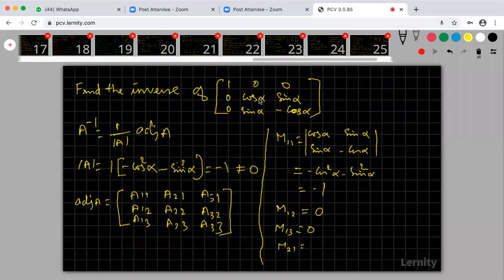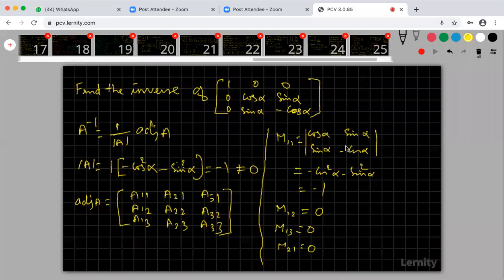M21 means leave this row and leave this first column, and take the determinant of the remaining 0, 0, sin alpha, minus cos alpha. So therefore that is also 0. Why is it 0? I am going to take the minor of this element, leave this row and leave this column, taking the remaining 0, 0, sin alpha, minus cos alpha. So therefore the answer is 0.